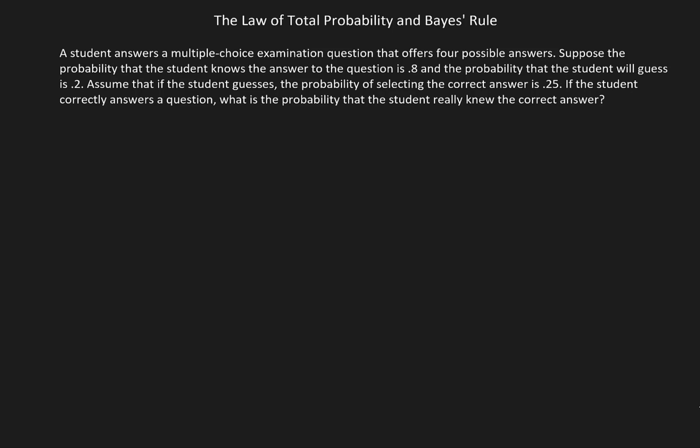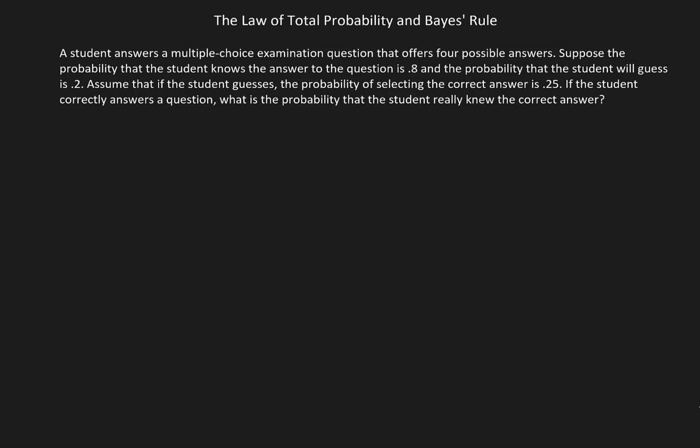2.133. A student answers a multiple choice examination question that offers 4 possible answers. Suppose the probability that the student knows the answer to the question is 0.8 and the probability that the student will guess is 0.2.